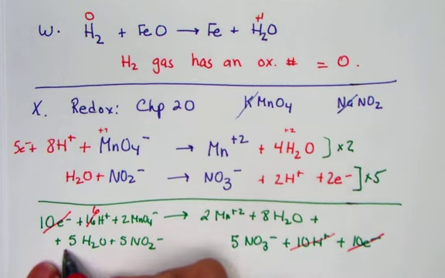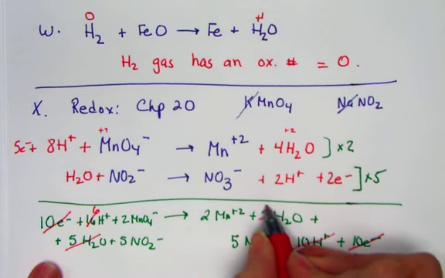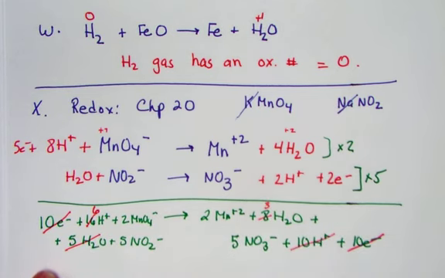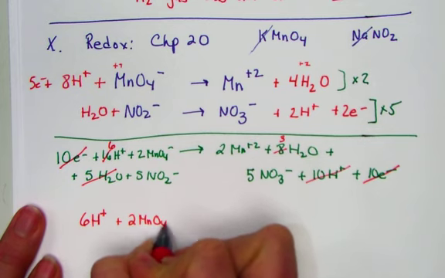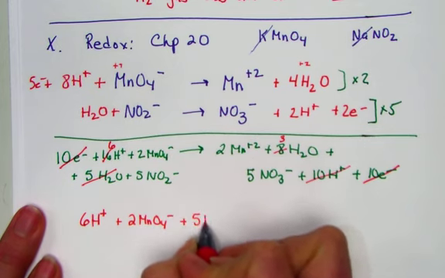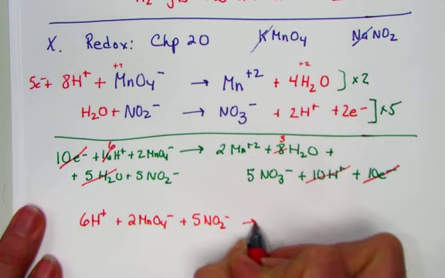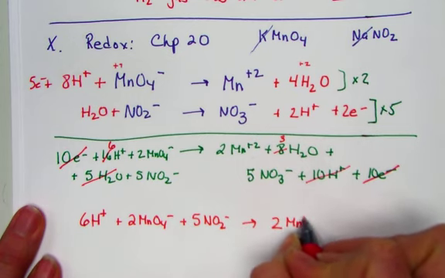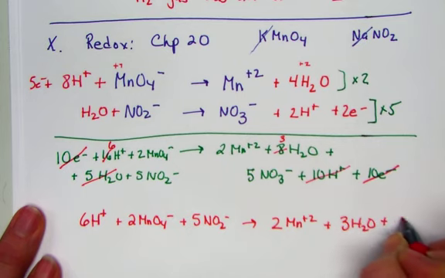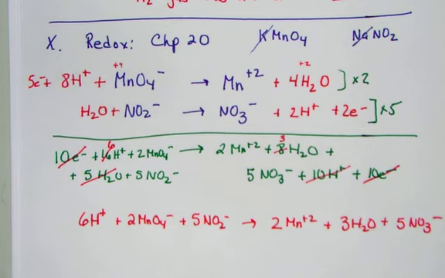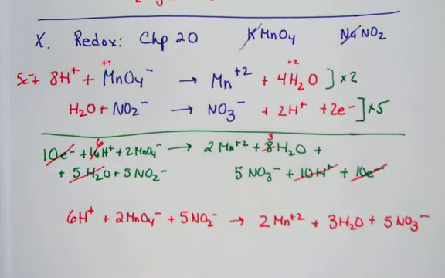The waters, we can eliminate 5 from the left, leaving us a remainder of 3 on the right, and I believe we have it. 6 hydrogen ions plus 2 permanganate ions plus 5 nitrite ions, forming 2 manganese plus 2 ions, 3 waters, and 5 nitrate ions. So there is the complete balanced redox reaction.